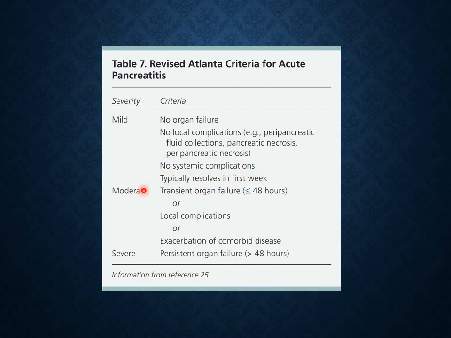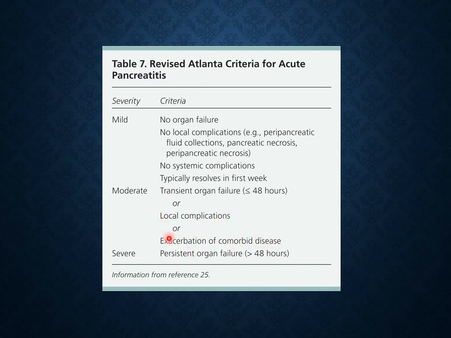In moderate pancreatitis, there is transient organ failure, which recovers within 48 hours. So it may go into acute renal failure and within 48 hours recover. They can have local complications or exacerbation of comorbid diseases.